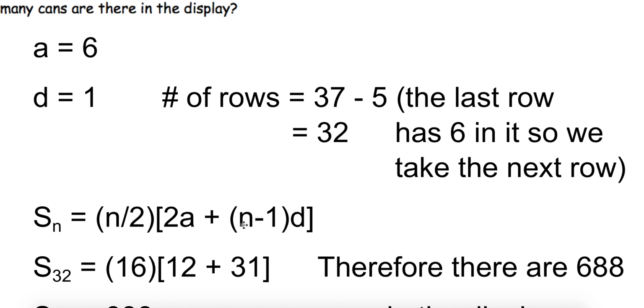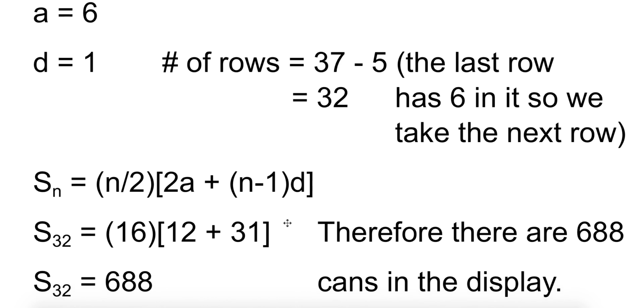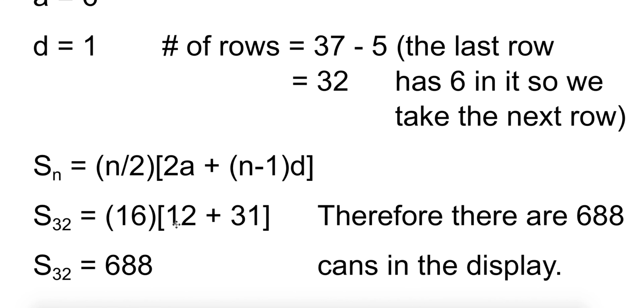N was 32, so 32 minus 1 is 31 times 1, because we're going up by 1, so it's 31. And we get 66, so 12 plus 31 is going to give us 43 times 16 is 688, excuse me, so not 66. Therefore, there are 688 cans in this display.